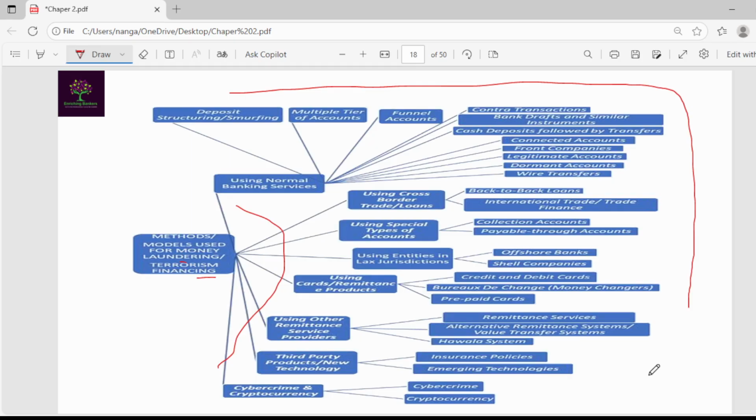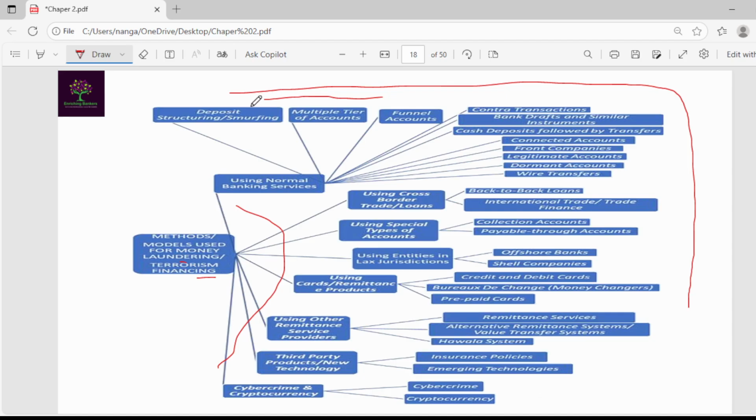And also they want to avoid being caught. They want to avoid legal punishments. So for these purposes, they use different methods for their illegal activities.